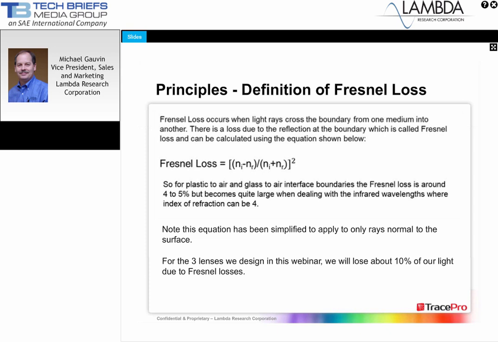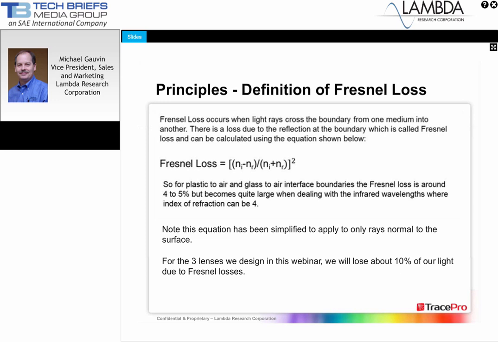If we do a calculation, it's the indices of refraction subtracted from each other, divided by the indices of refraction added to each other, and then squared. If we do this equation for glass or plastic, realizing that the index of refraction is about 1.5 for both, and air is 1.0, we get a Fresnel loss of around 4 to 5%.